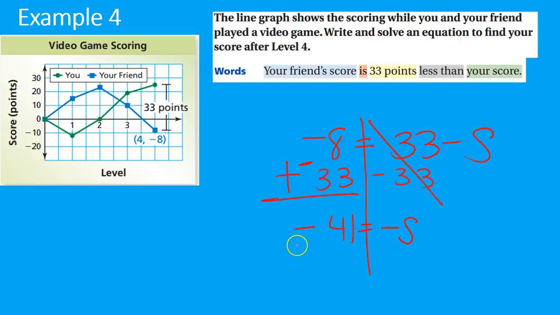So, well, the opposite of negative 41 would be 41. But look, 41 is way up here. That's way off the charts. Your score is nowhere near that. That answer doesn't make sense. So, always use the graph to give you an estimate. Don't just guess your score off of that, but use it to help you estimate.